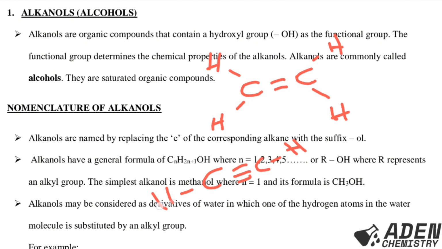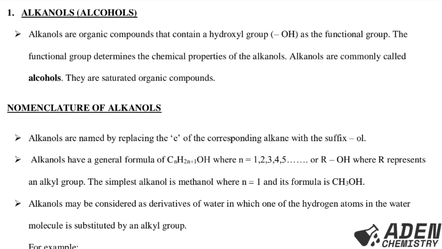So when we talk about alkanols, we have the hydroxyl group as their functional group. And the functional group determines the chemical property of the alkanols. Alkanols are commonly called alcohols, and they are saturated organic compounds. Remember, of the 3 hydrocarbons, alkanes are saturated hydrocarbons, and alkenes and alkynes are unsaturated hydrocarbons.